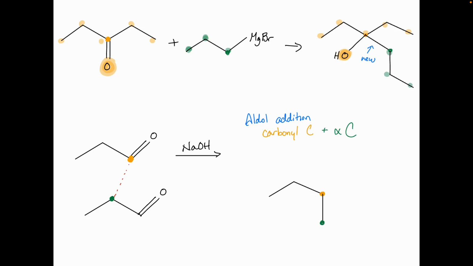So when I draw my new bond, that's my alpha carbon of its neighbor. Then I'll put in those 1, 2. Importantly, the carbonyl group of this green fragment doesn't get touched at all. It's not in the reaction whatsoever, so that's just going to appear as is in my product.